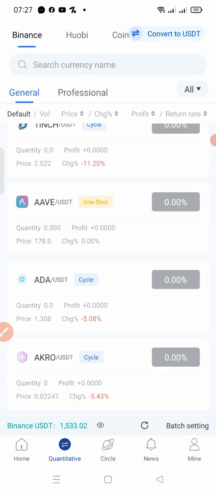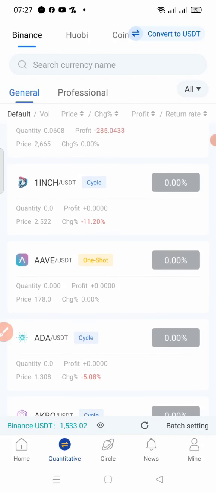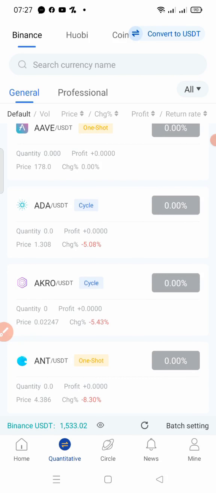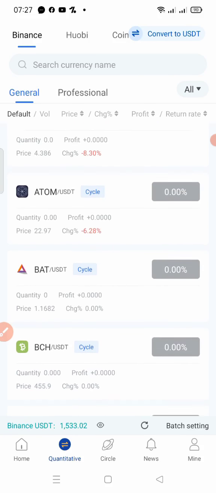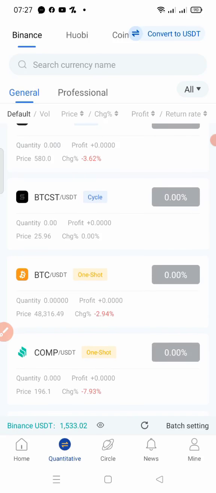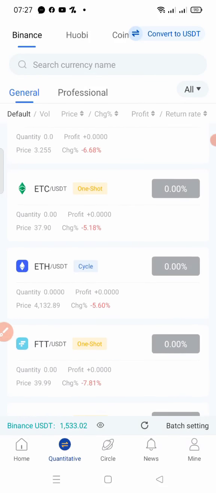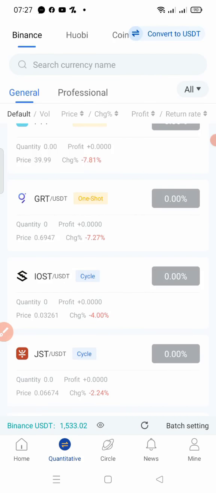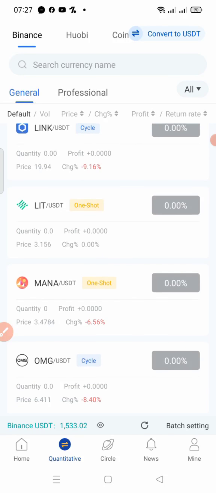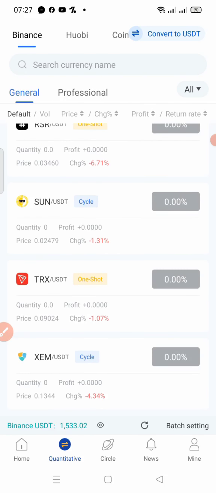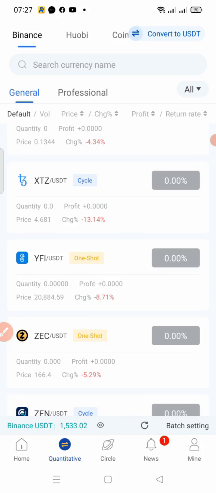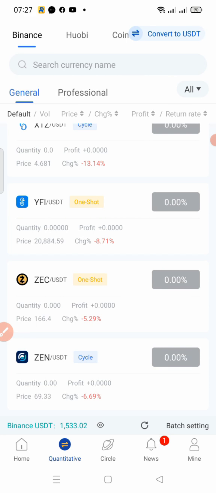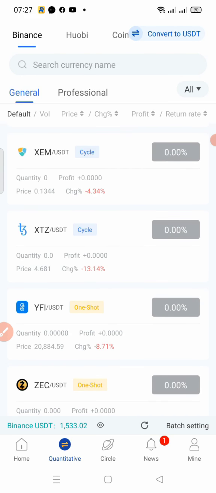So it looks like in the general space we have 1 inch, and what's the other one that we observed that was also in a very negative percentage? Was it 1 inch and which other one? Okay, 1 inch and XTZ.